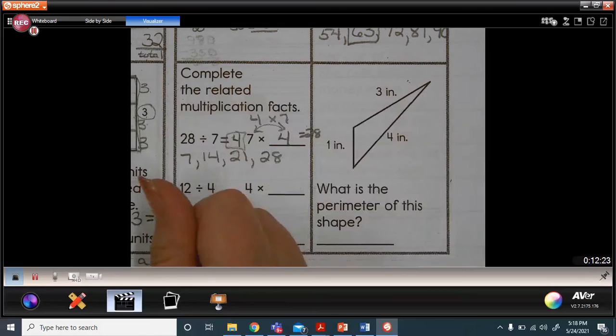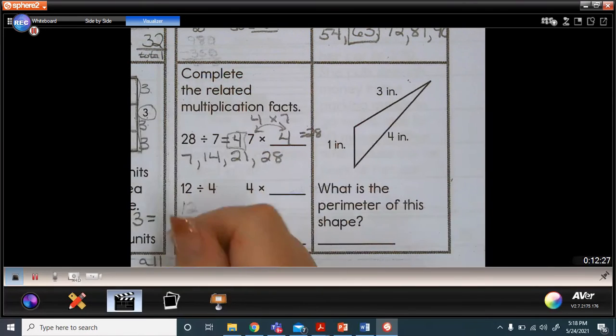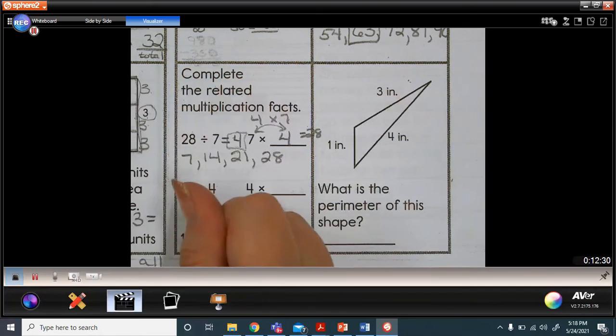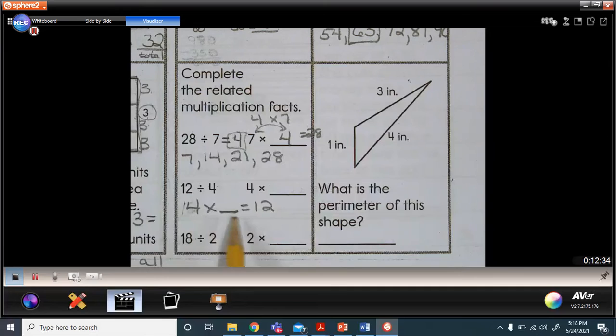Now, again, same thing. If I know 4 groups of blank equals 12, well, 4 groups of what equals 12? Well, it's not going to be 4 groups of 2 because 4 groups of 2 would be 8. What about 4 groups of 3?